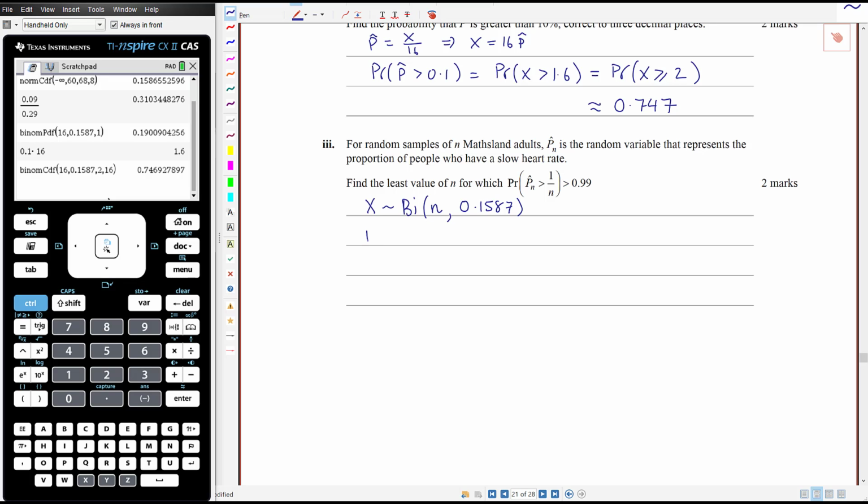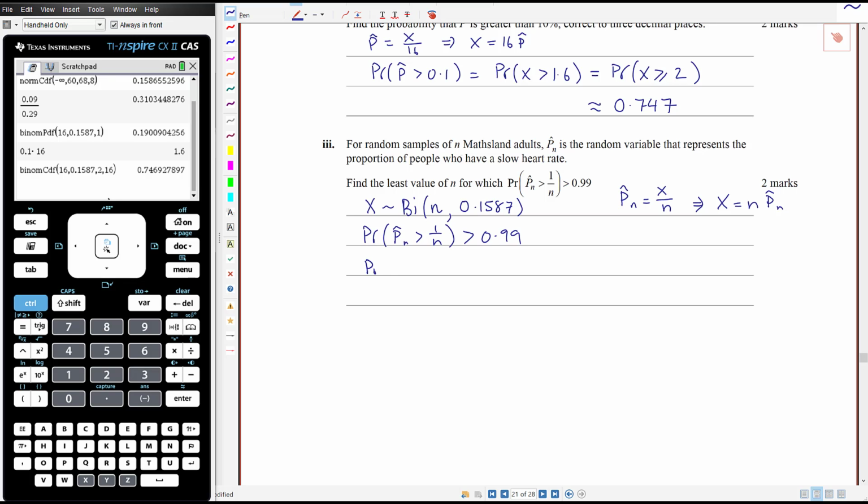The other thing to note is that p hat n is X divided by n, which means that X is n times p hat n. So we want the probability that p hat n is bigger than 1 on n to be bigger than 0.99.